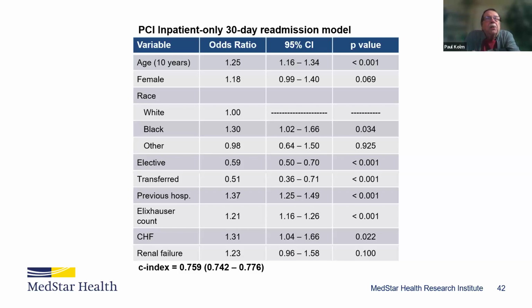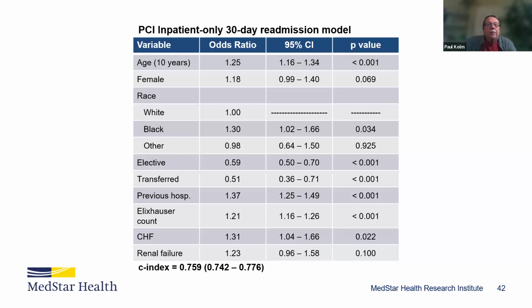And so then the odds ratios for the different variables that we have in our equation, you can see that the odds ratio for age, which is in this case age for every 10 years, is 1.25, which means that the odds of being readmitted goes up by 25% for every 10-year increase in age. And then for women, it's 18% greater odds of 30-day readmission, and then so on down.